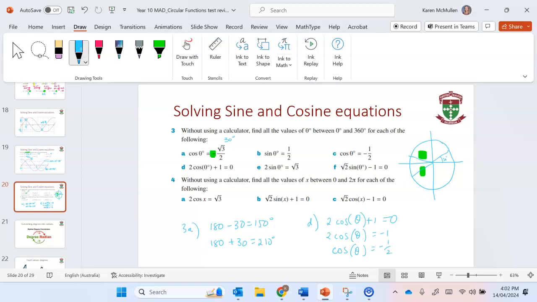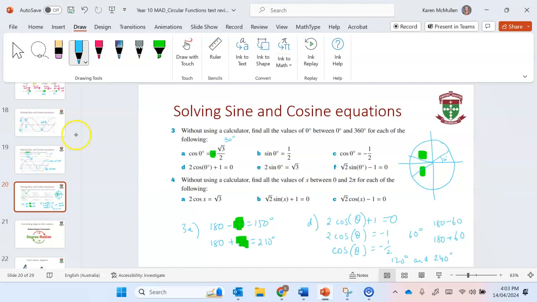The exact value for a half, so our reference angle is 60 degrees. So before we did the 30 degrees, this time we're going to do pretty much the same thing. It's just going to be 180 minus 60 and 180 plus 60. So your two solutions are going to be 120 degrees and what's the next one?